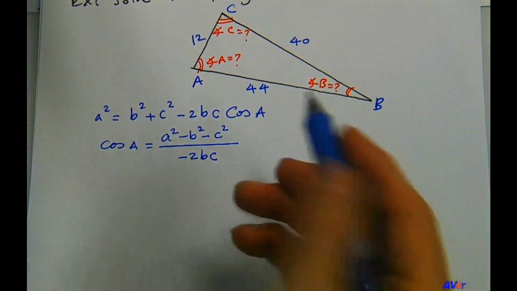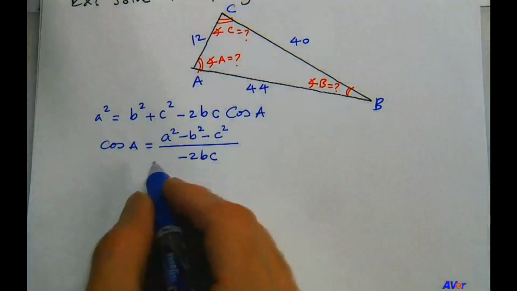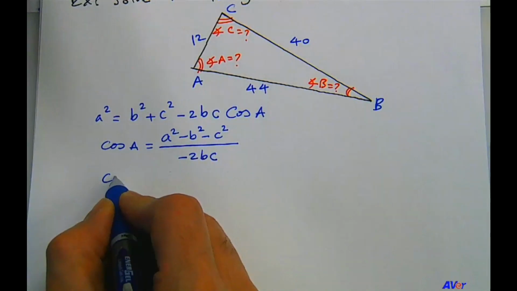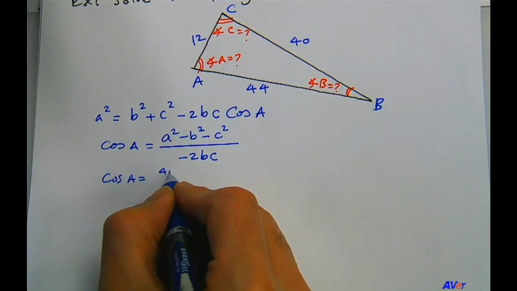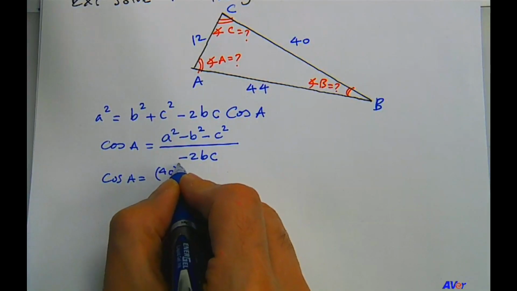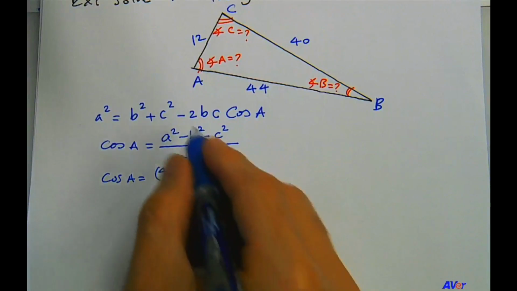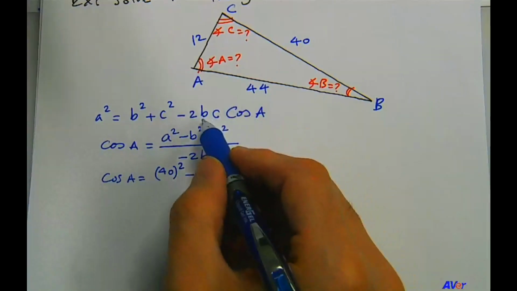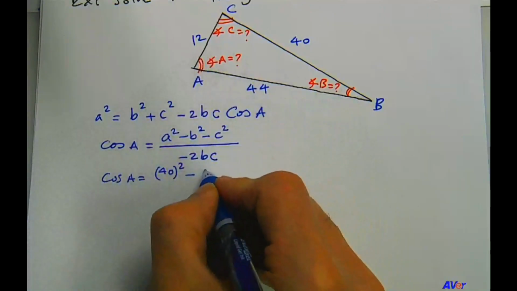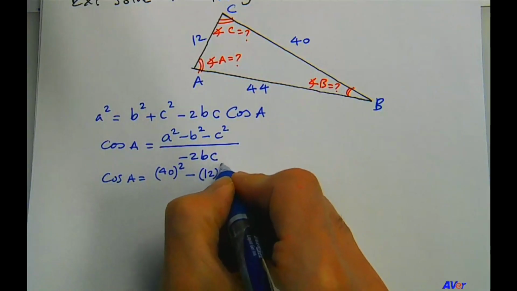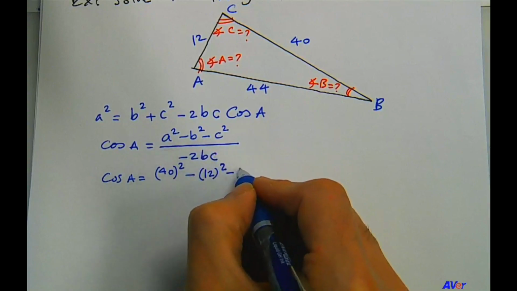Okay, so let's plug in. Cosine of A: A squared, that would be 40 squared, minus B squared, that would be the side opposite angle B, so 12 squared, minus C squared.